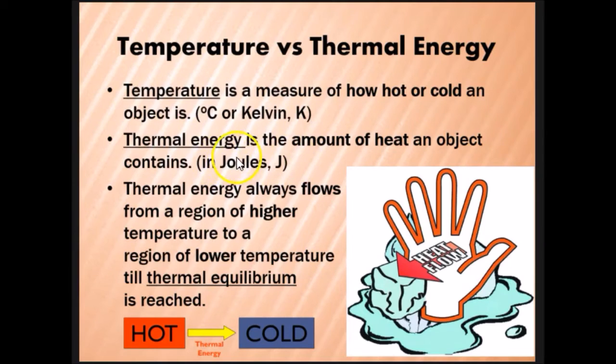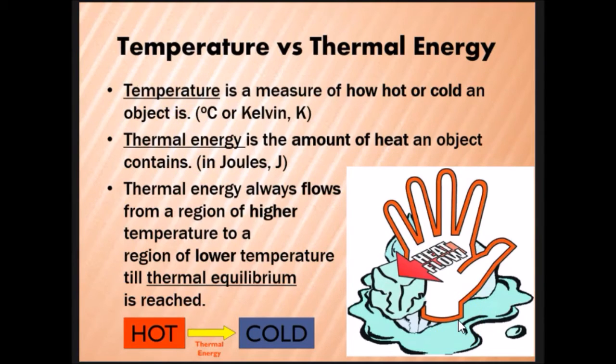Now, what is thermal energy? Thermal energy is the amount of heat an object contains. It is simply another form of energy, and we measure this thermal energy in joules. Now, many students often confuse temperature with energy. They always ask, are they the same thing, despite learning what they mean? Well, certainly they are not.